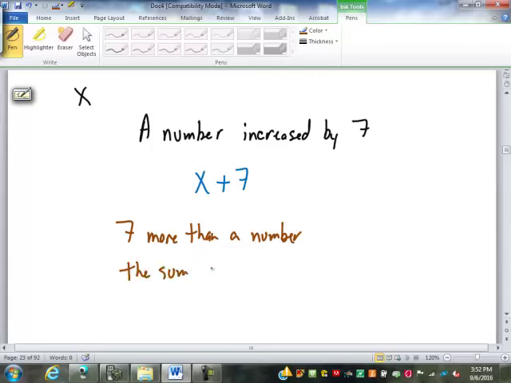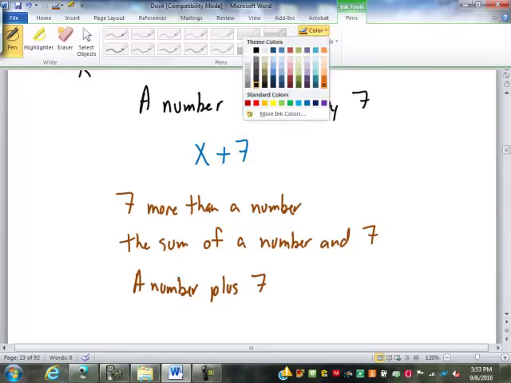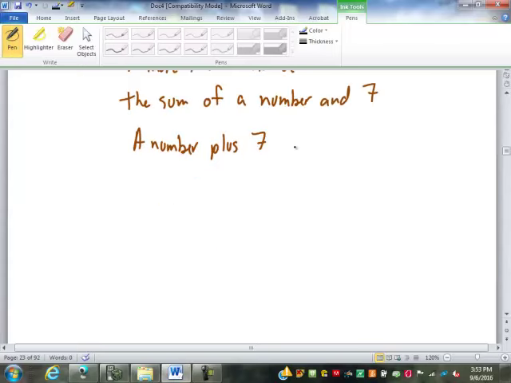Also "the sum of a number and 7," "a number plus 7," "7 added to a number," "a number with 7 added to it": all sorts of phrases can signify X plus 7. How about this?